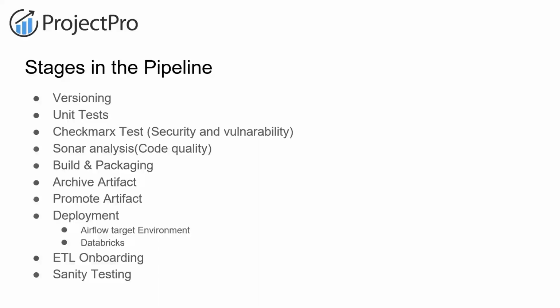And then we need to do sanity testing, to check for any functionality if we add new releases. We need to make sure that existing business functionality is working as expected. We need to do all these things in this particular pipeline.